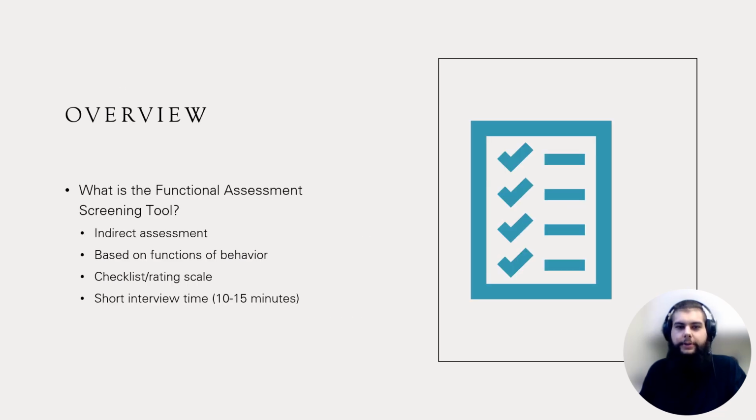Alright, so for a bit of an overview, the Functional Assessment Screening Tool is an indirect assessment method that is based on functions of behavior. This tool consists of a self-reporting checklist or a rating scale aimed at discerning if the behavior is maintained by sensory, escape, attention, intangibles, or pain reduction.